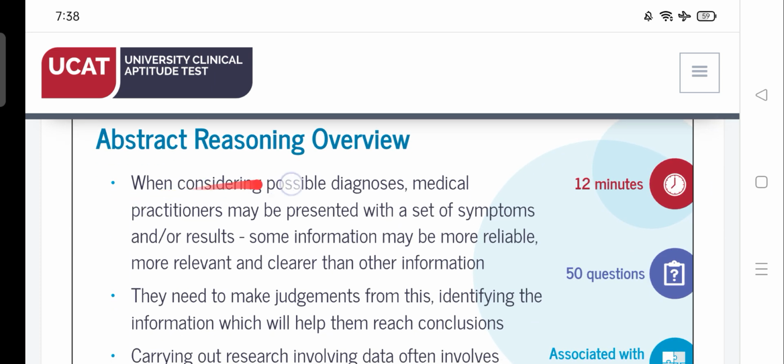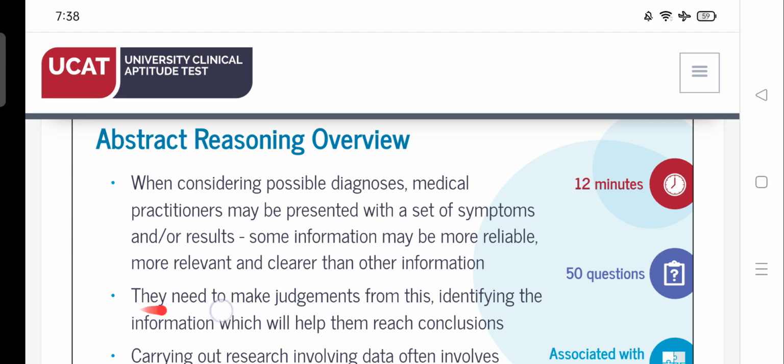When considering possible diagnosis, medical practitioners may be presented with a set of symptoms or results. Some information may be more reliable, more relevant, and clearer than other information.